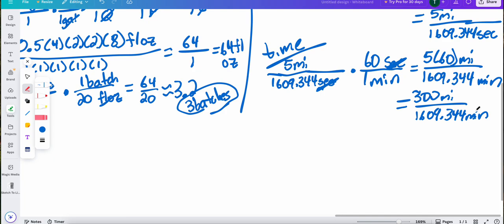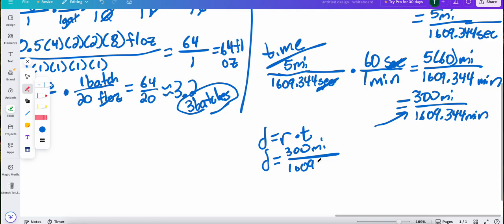Okay, so we're going to be taking distance, and it equals our rate times the amount of time. So we're trying to figure out how much distance they cover going at this rate. So 300 miles over 1,609.344 minutes.